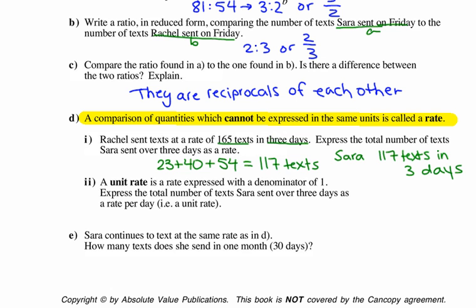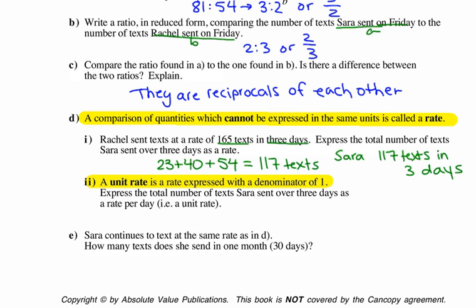A unit rate is a rate expressed with a denominator of 1. Another very important definition. The rate we just expressed above is not a unit rate because it's per 3 days. If we want it per day, that would be the unit rate. So express it as a unit rate for Sarah.